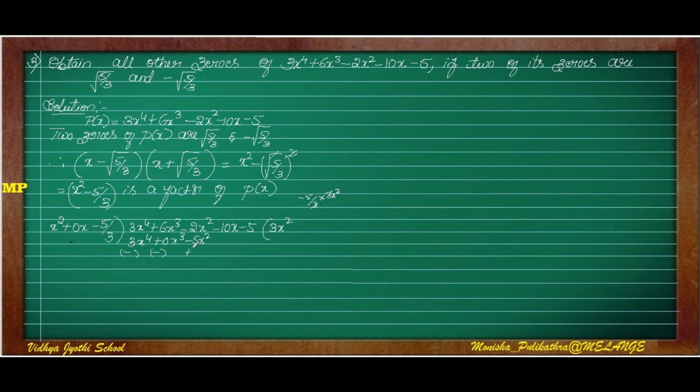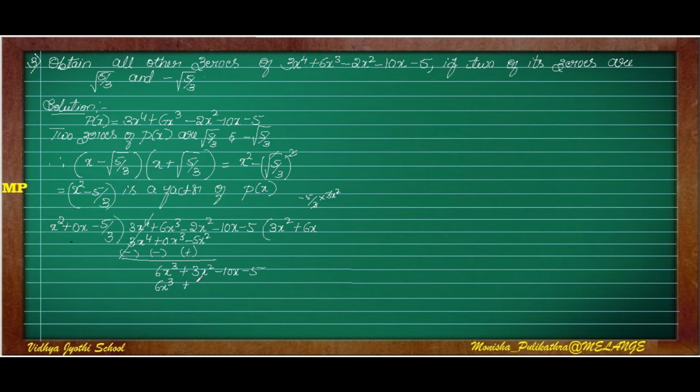Next, change the sign. So this will get cancelled. So this is 6x cube, plus into minus is minus, so minus 3x square, minus 10x and minus 5. So for x square to become 6x cube, we have to multiply it by plus 6x. So x square into 6x is 6x cube.